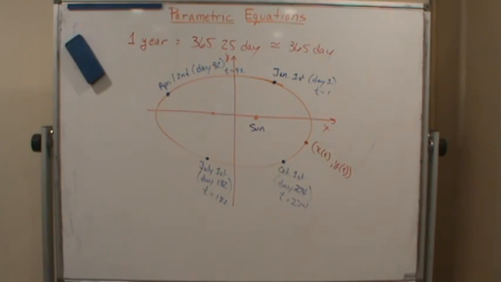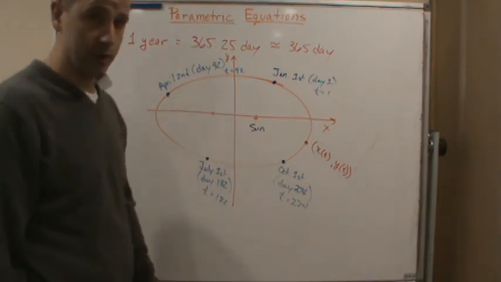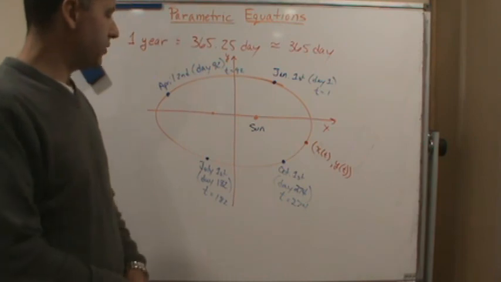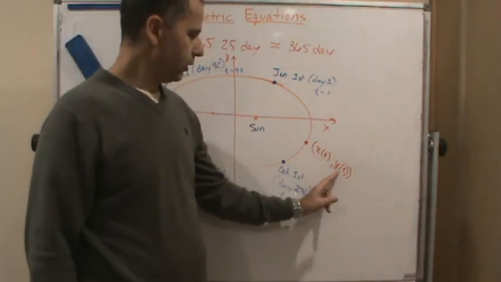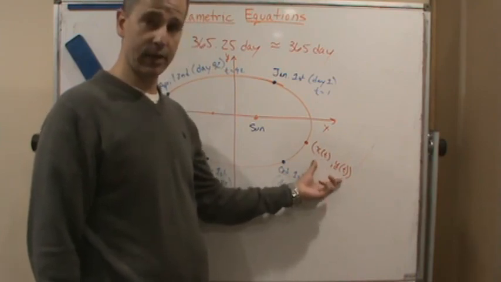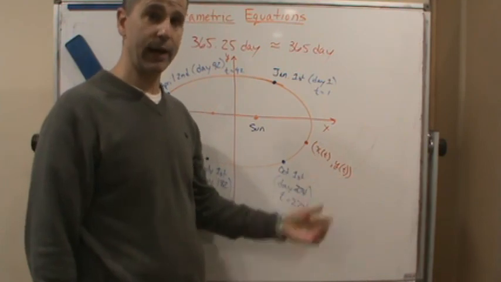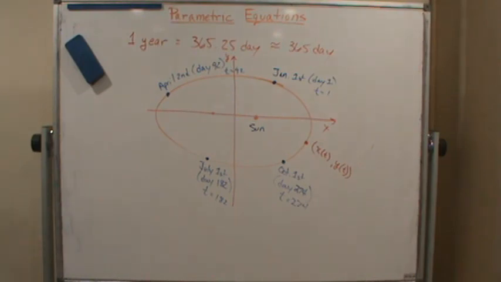The equations that are used to define the curve are called the parametric equations. And so this is what we're going for. We're going to look at how we parametrize the xy coordinates, and how we find the parametric equation. Okay? So that's where we're going.